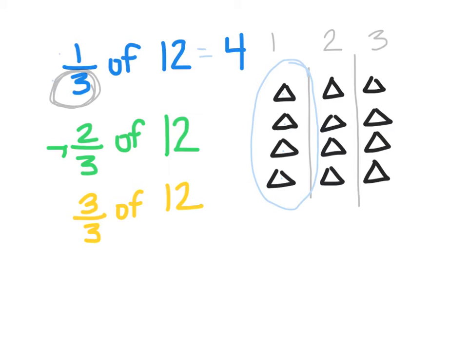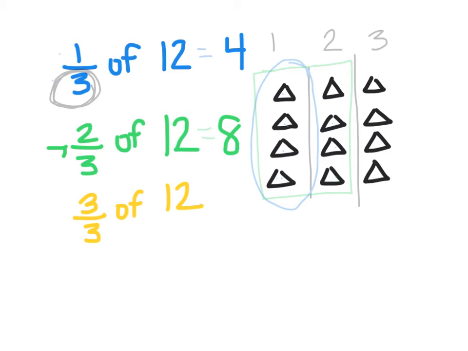And how many things are in 2 of these groups? Take a look. We count. I've circled 2 or put a square around 2 of the groups. Notice how these groups are equal. 1, 2, 3, 4, 5, 6, 7, 8. 2/3 of 12 is 8.